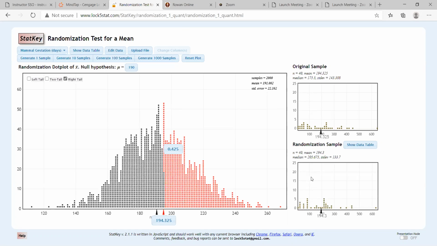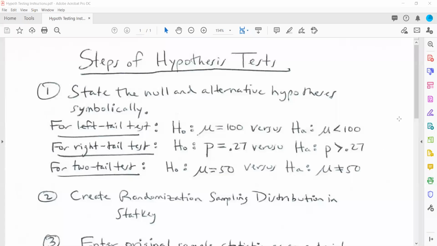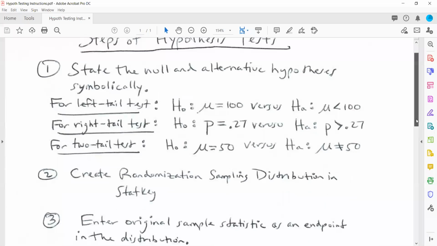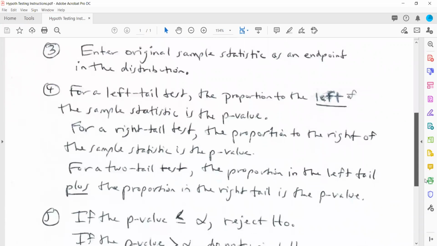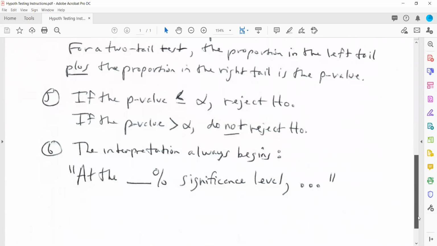Actually, let me stop sharing this for a second. I think it might be better for you to see it instead of hearing it. So let me share these steps again. I haven't posted this yet. I understand that you're not sure. So here, let's look at step number 5. Here it is right here.